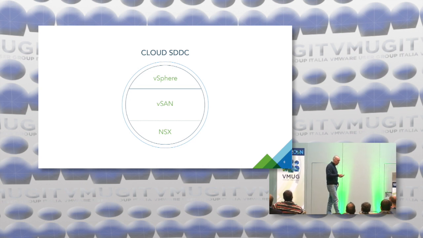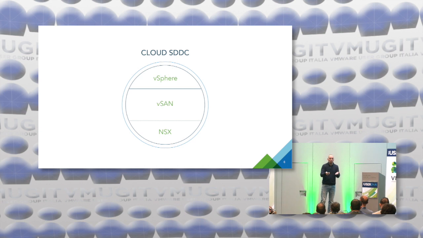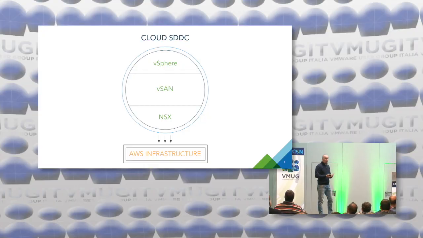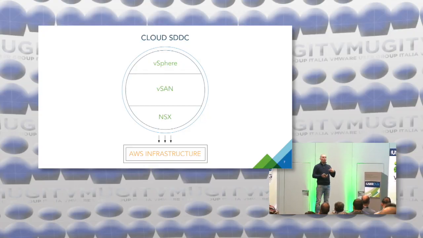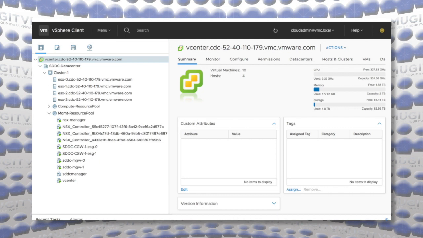So this cloud SDDC runs in the cloud, but it actually has to land somewhere, right? So what we do is we deploy it in an AWS infrastructure. And that allows us to do many, many cool things with AWS. But in reality, if you have deployed your cloud SDDC and you go to the vCenter that runs in that cloud SDDC, you will see something like this.